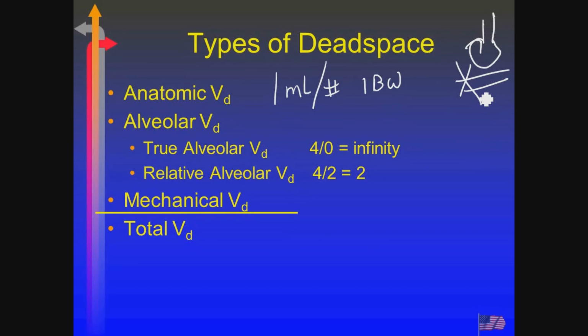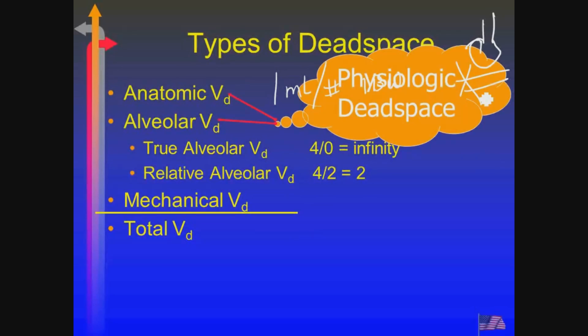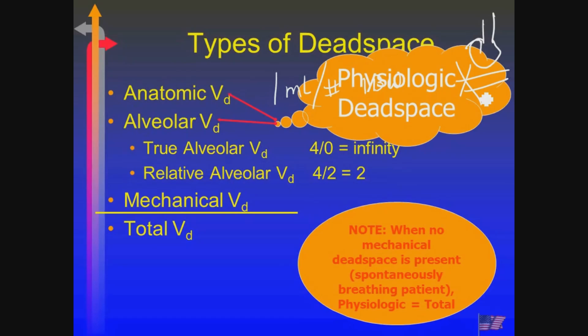And then you have mechanical dead space, stuff that we add to the ventilatory circuitry between the patient Y and the endotracheal tube. The first two, anatomic and alveolar, we call physiological dead space. Under normal conditions, mechanical dead space doesn't exist, so the total dead space would be equal to physiological dead space, but this is what we're going to end up measuring on a mechanically ventilated patient.